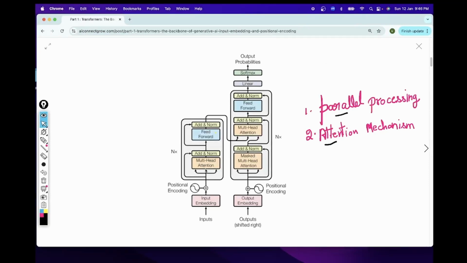The encoder's role is to process the input sequence and create rich context-aware representations of it. This is achieved through a stack of N encoder blocks. Each encoder block has several components within it. The main component, as we discussed earlier, is the self-attention mechanism, followed by a normalization layer, which is then fed to a feed-forward neural network, and normalization is applied again.